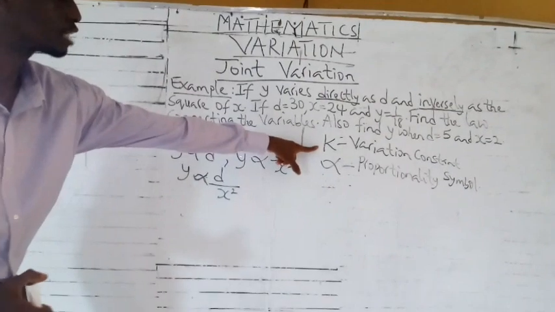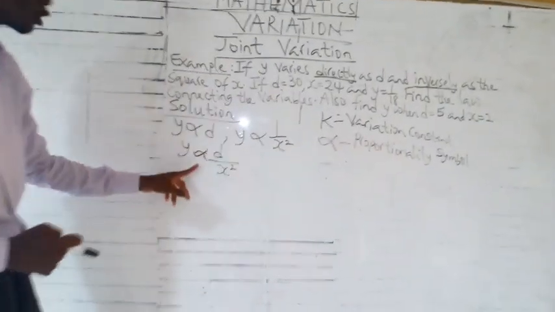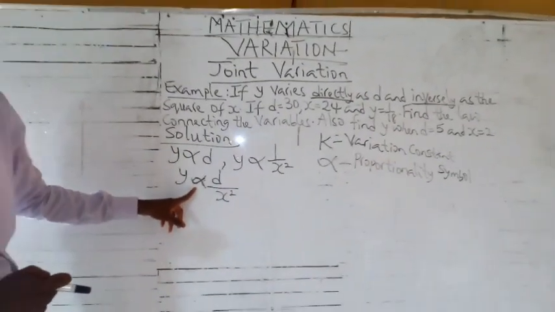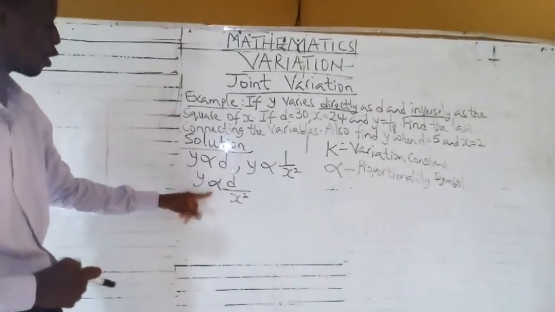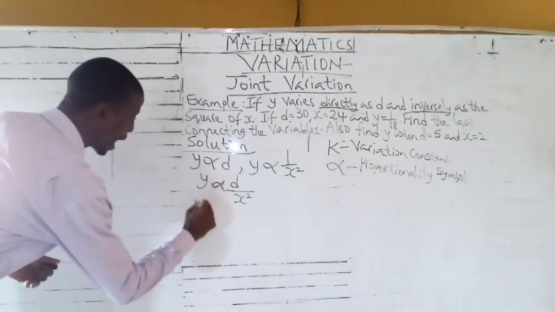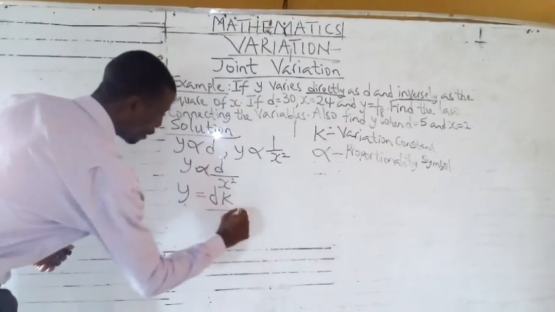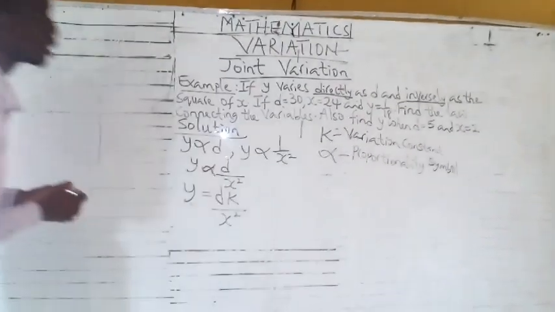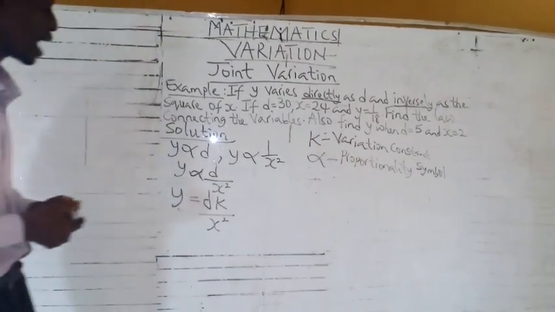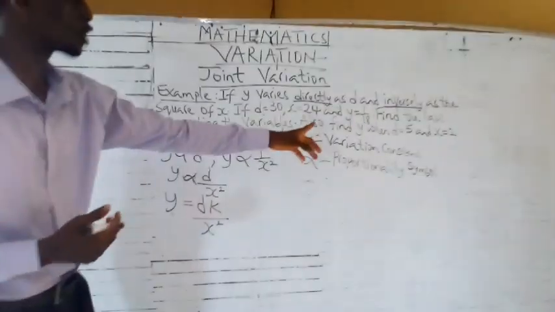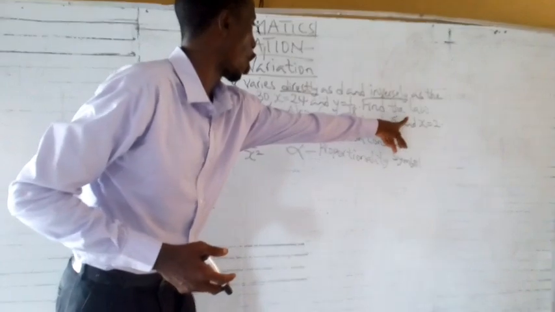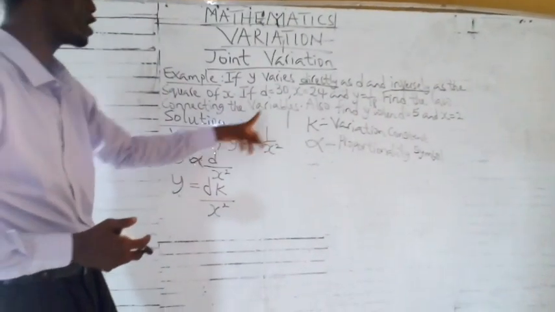Why we are introducing this variation constant is for us to be able to get rid of this proportionality symbol. Now, it's going to be y equals dk over x squared.